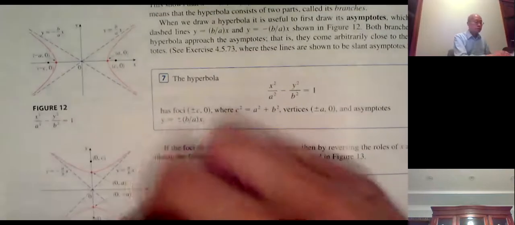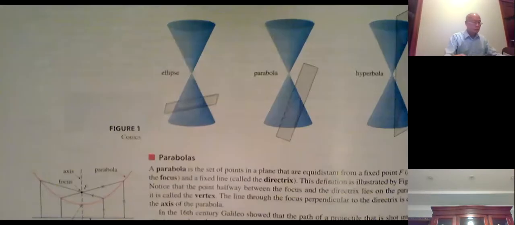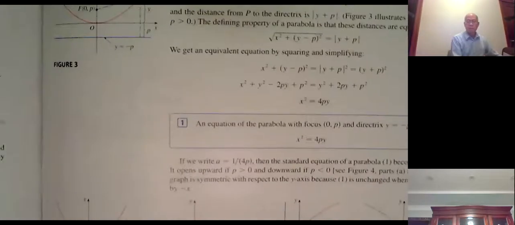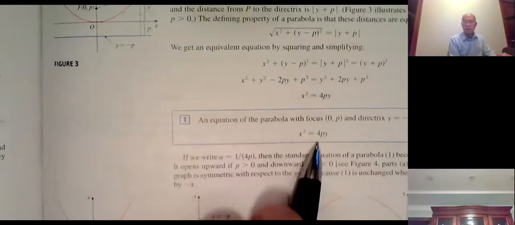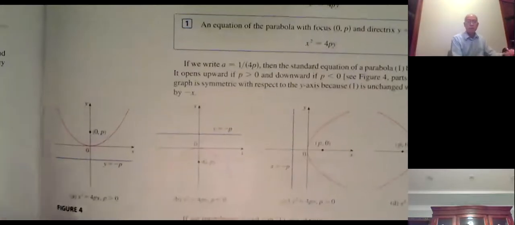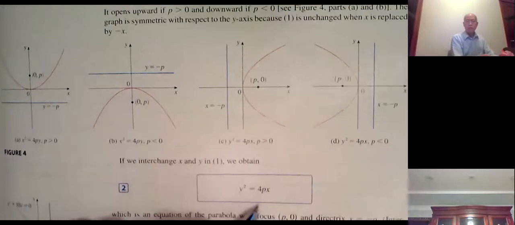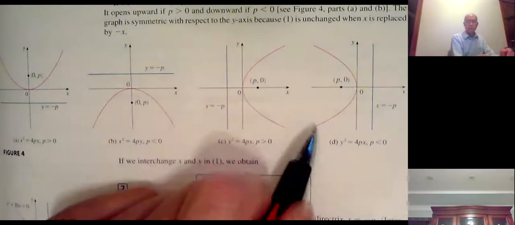So what are we getting? We got the parabola. So what do you want for the parabola? X squared equals 4py. That's going to open either up or down. Y squared equals 4px, left and right.